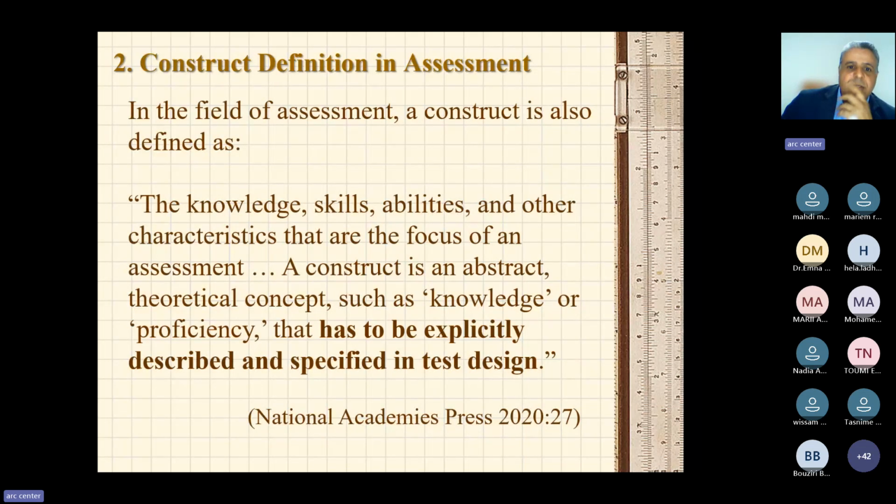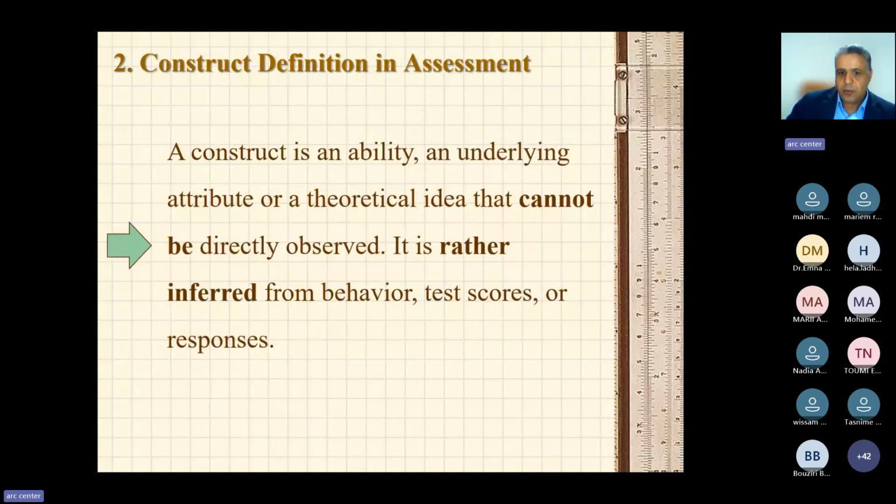If we summarize all definitions, in assessment, a construct is an ability or an underlying attribute or a theoretical idea that cannot be directly observed. It is rather inferred from behavior, test scores, or responses.